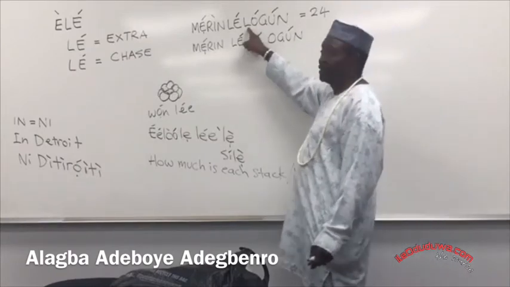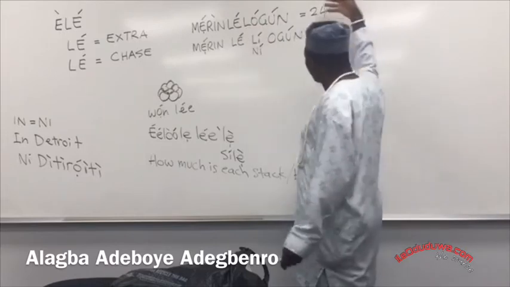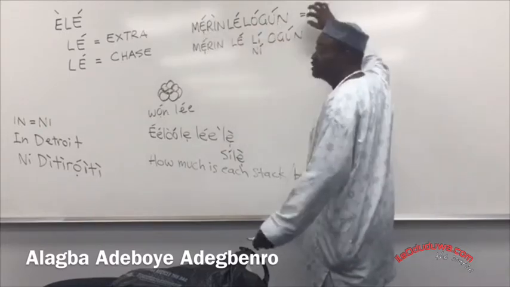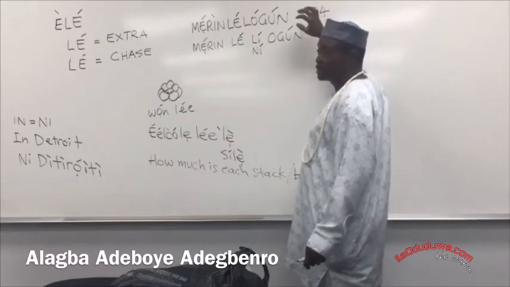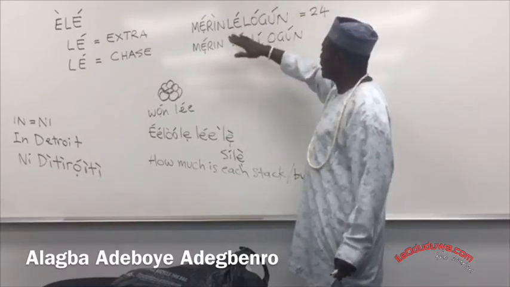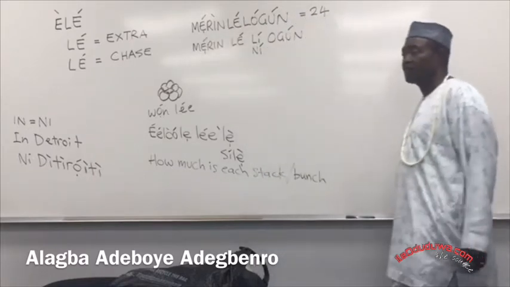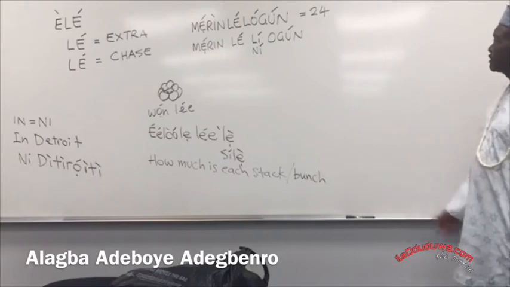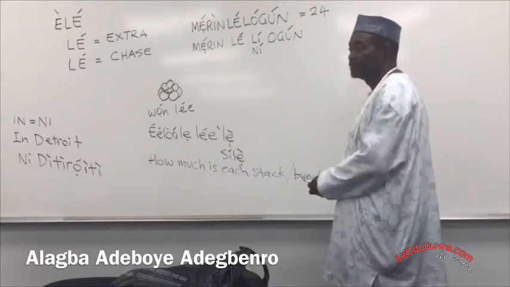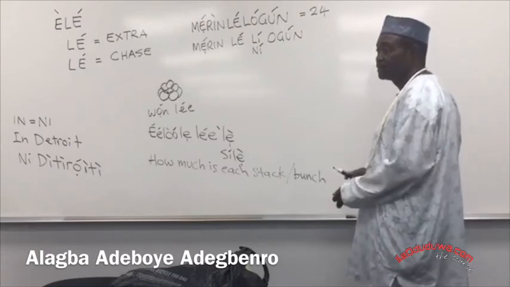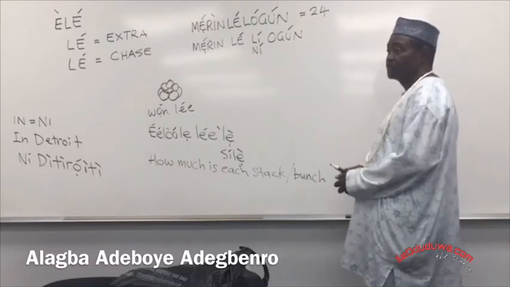This le L is Li, but because it's compressed now into one word, it's long. That's why now we will call it mẹ́rìnlélógún. Alright? If it's 30, we say mẹ́rìnlélọ́gbọ̀n because ọgbọ̀n is 30. Right? If it's 34, we say mẹ́rìnlélọ́gbọ̀n. Right?